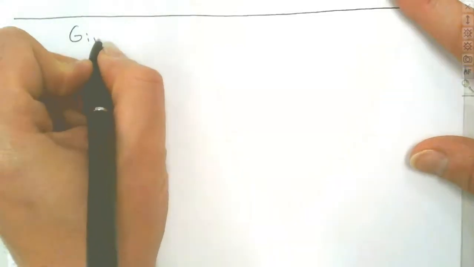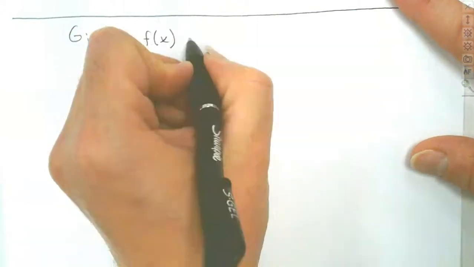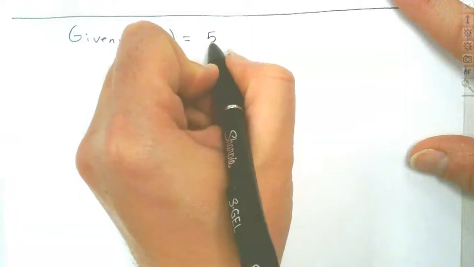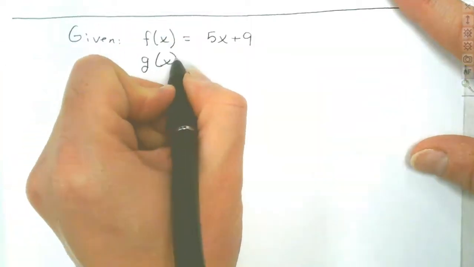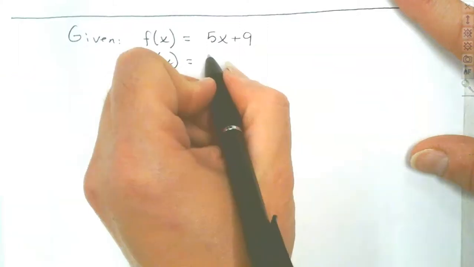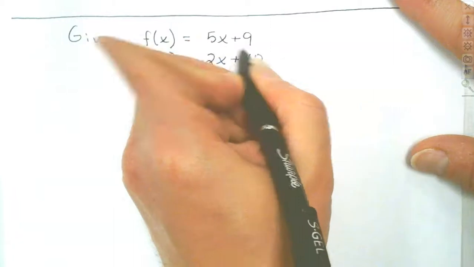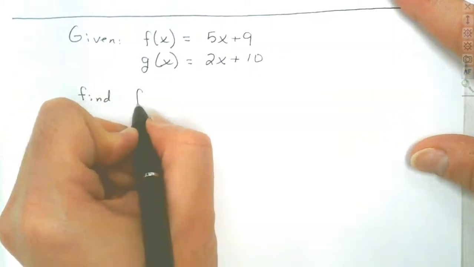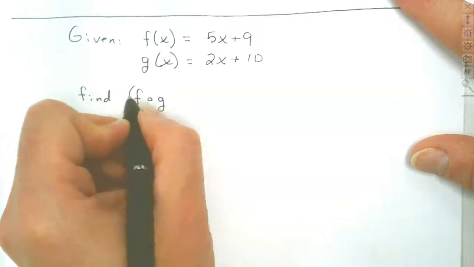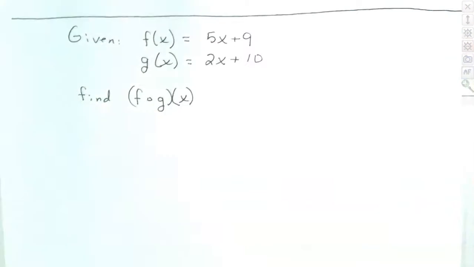So let's say you're given f of x to be 5x plus 9, and g of x to be 2x plus 10. And I want you to find f composed with g of x.